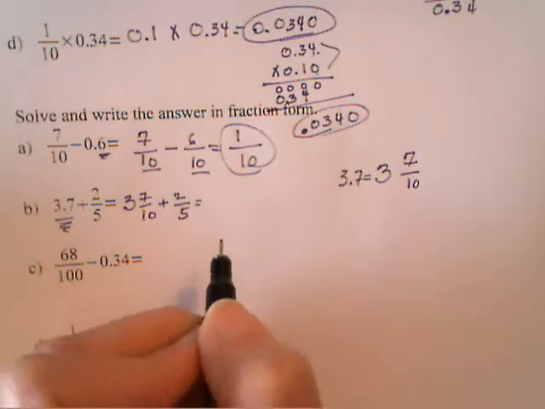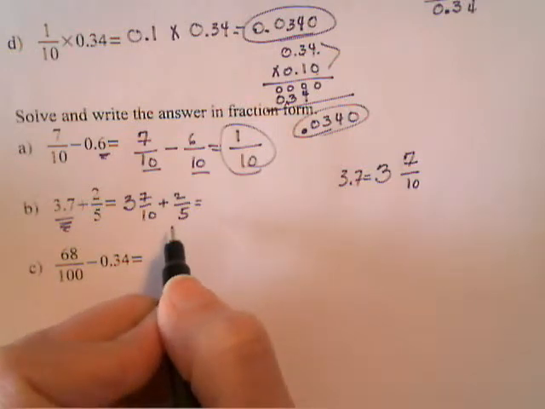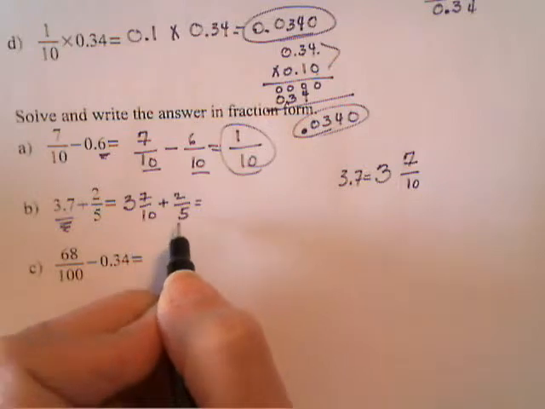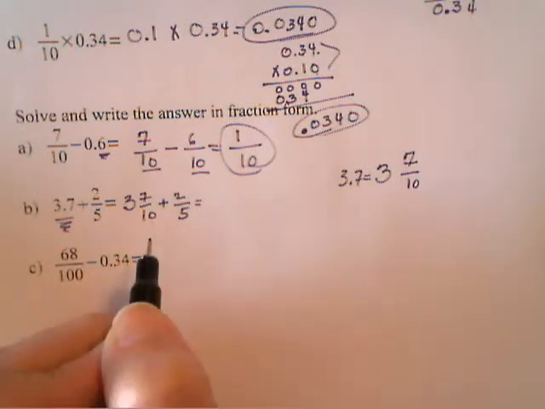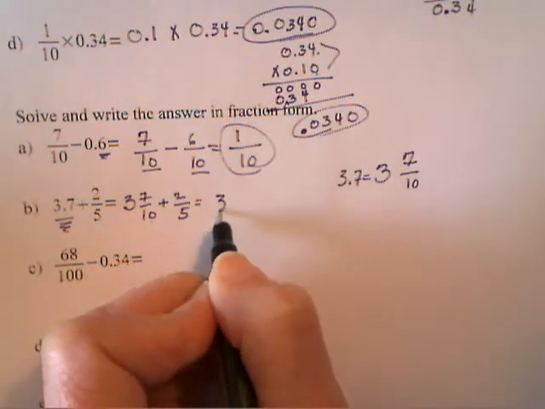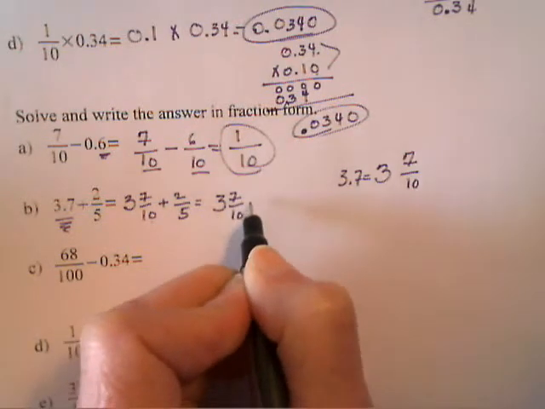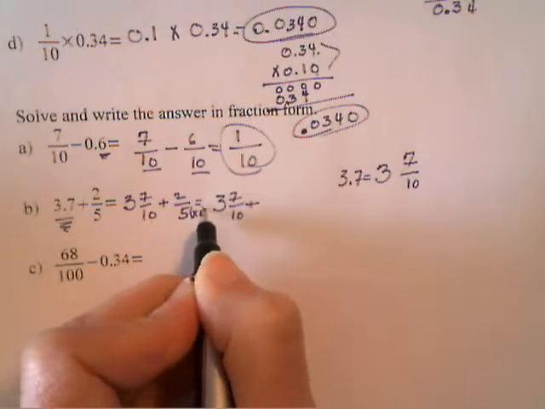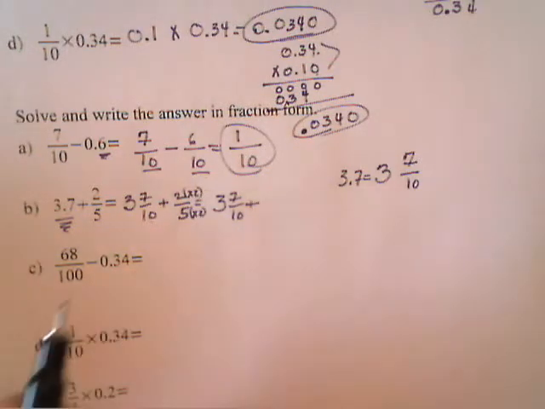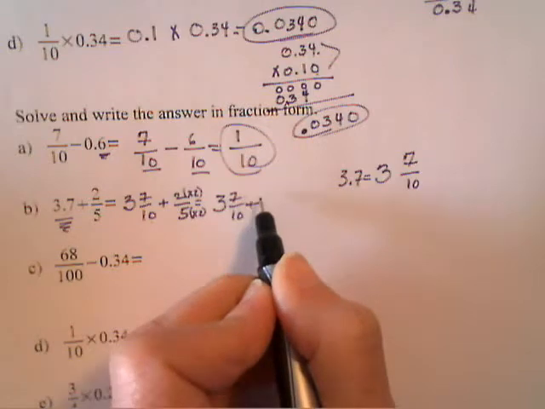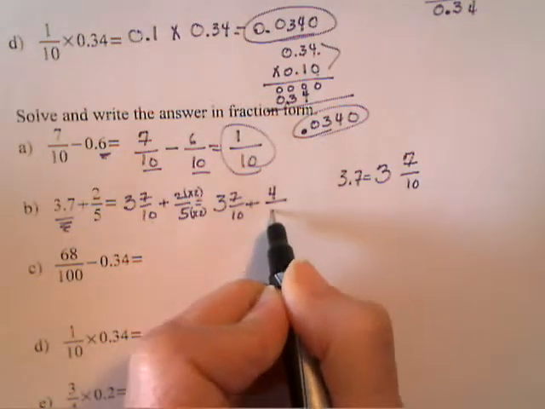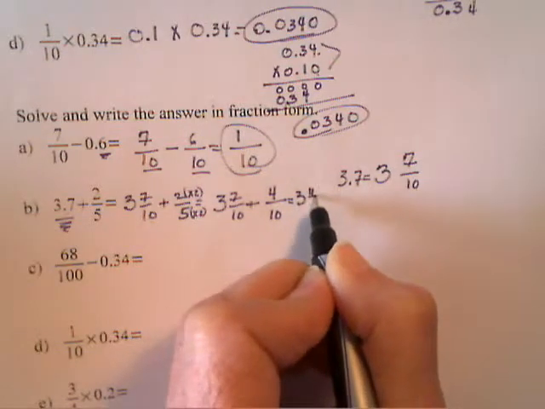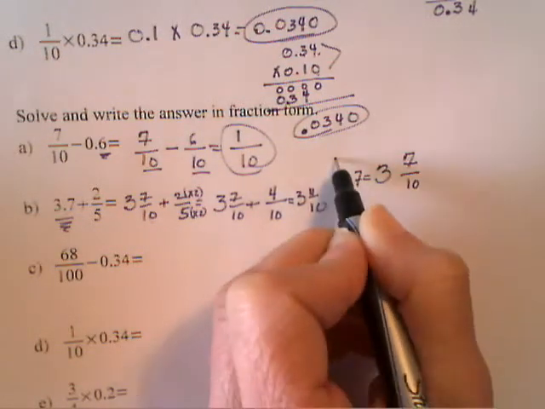Here I don't have a common denominator yet, but my common denominator is going to be 10, because 10 will go into 10 and 5 will go into 10. So to convert 2/5 to tenths, I multiply the top and the bottom by 2. So that'll be 3 and 7/10 plus 2 times 2 is 4/10. And I get 3 and 11/10.